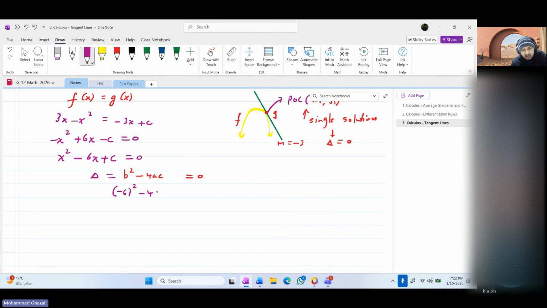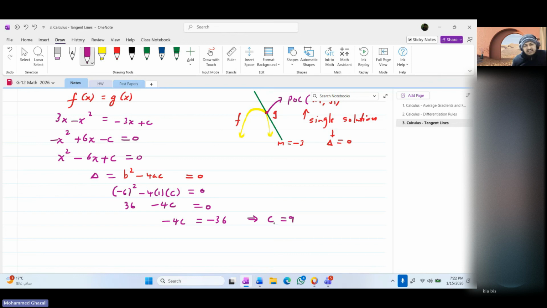What is a? 1. And c is just c, is equal to 0. So you get negative 4c, and 6 squared is 36. 36 minus 4c is equal to 0. Take the 36 over. Negative 4c is equal to negative 36. This implies c is equal to 9.